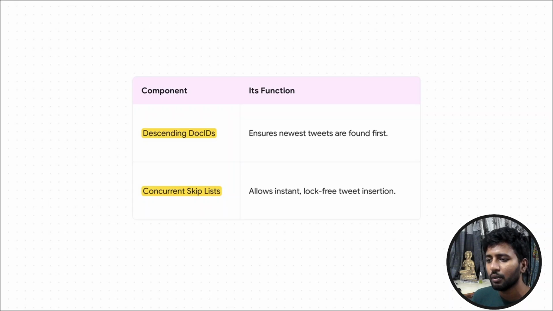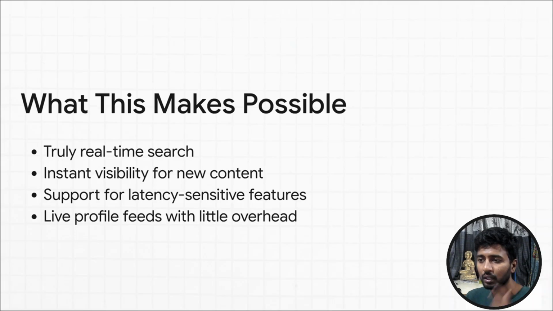And then the second point, concurrent skip list. Concurrent skip list allows instant insertions without locking. Without locking is the real point, because mostly the delay was occurring due to locking. I discussed that with you earlier as well. The delay was occurring because of the locking.